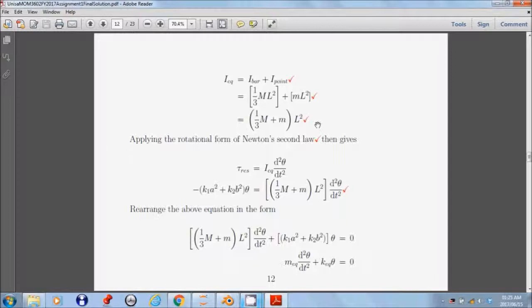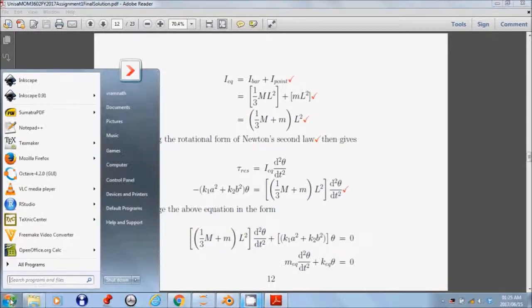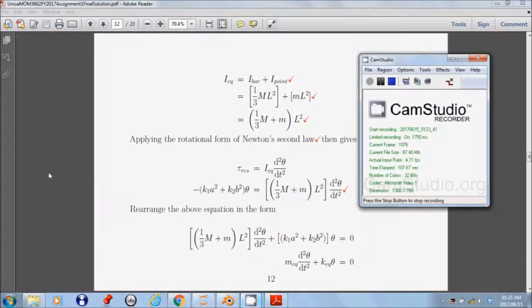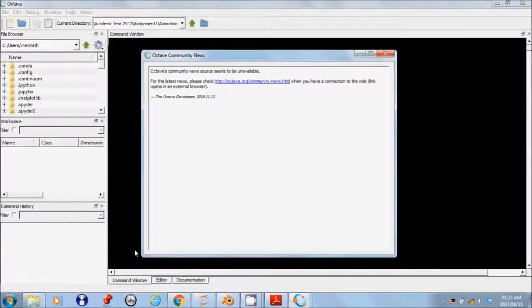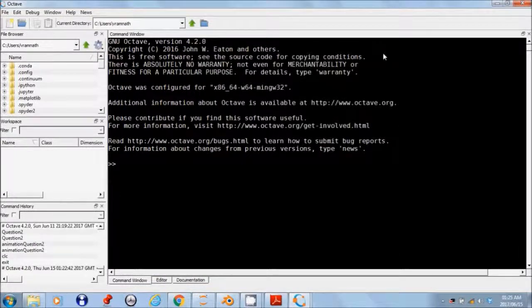For more advanced material, you would use computer software like MATLAB or Octave or Python. In this case, I'm going to show you how to run a computer code using GNU Octave. When we start up the program, it gives a screen, and basically we would write some equations over here.